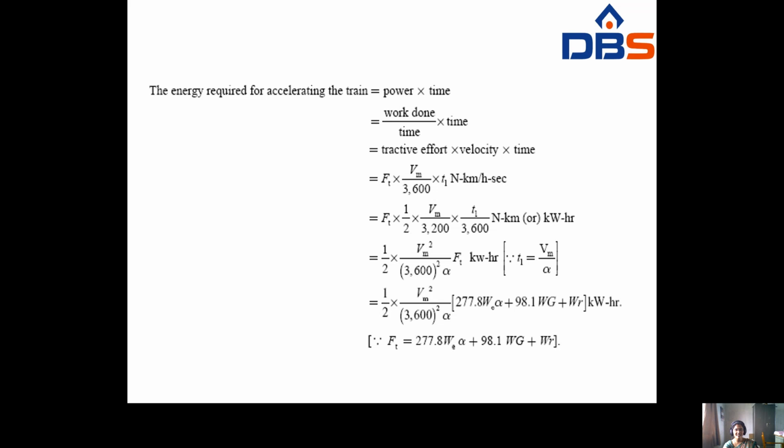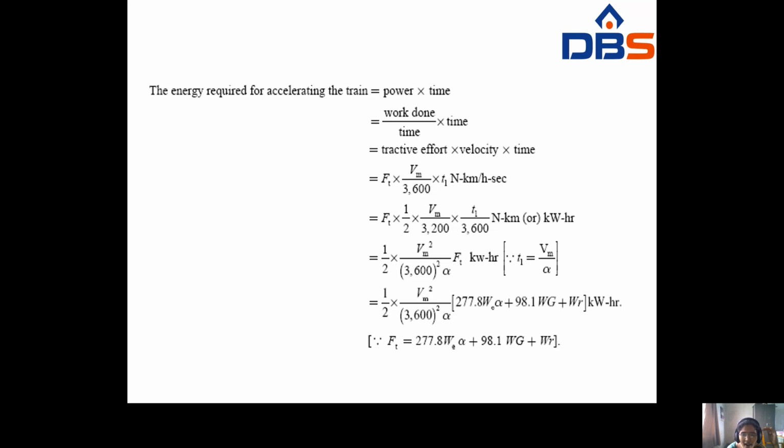Here force is in newtons, velocity in kilometers per hour, and time period in seconds. So you write Ft into 1 by 2 into Vm by 3600 into T1 by 3600, giving newton-kilometers or kilowatt hours.